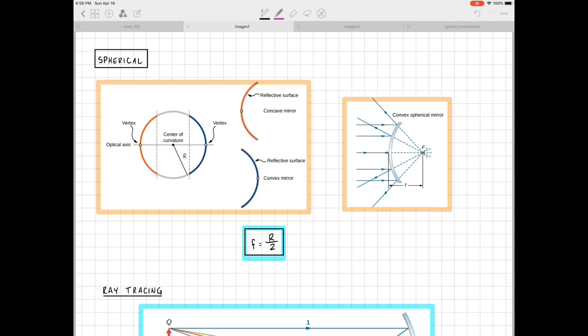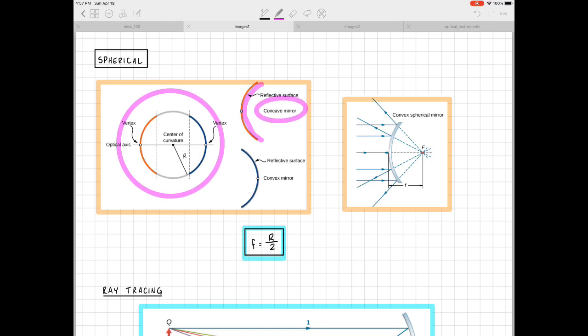So let's look at spherical mirrors a little more in depth. So we've got our sphere here, and we're going to just take a slice out of the sphere on either side, and depending on which curved side is the reflective side, the mirror side, you get different properties. When the reflective side is on this side, the orange cutout here, on the right, this is referred to as a concave mirror.